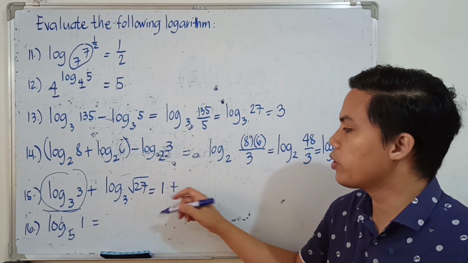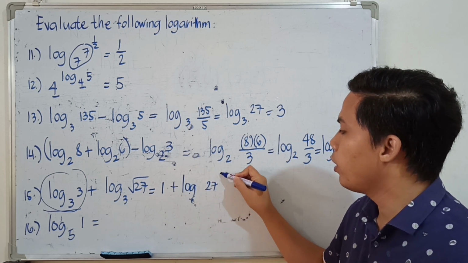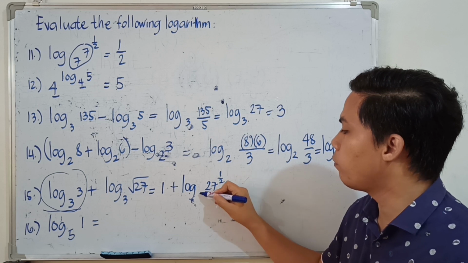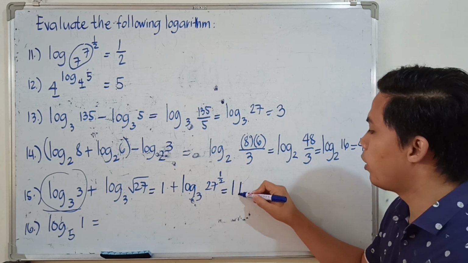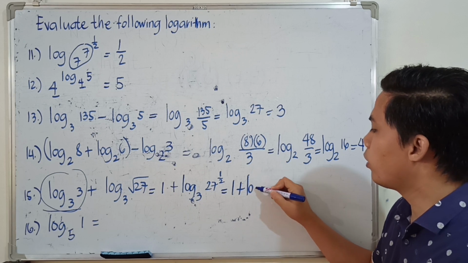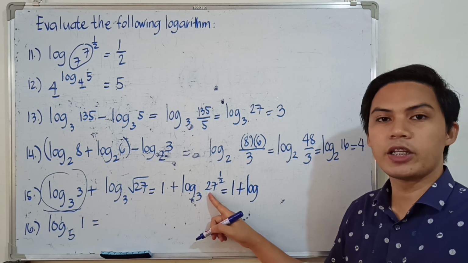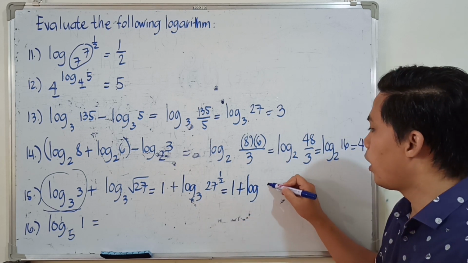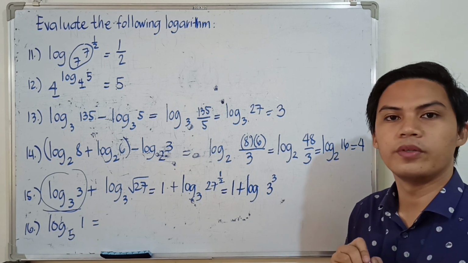So, square root of 27, that can be written as the logarithm of 27 raised to 1/2 to the base 3. And, pwede pa natin siya ma-simplify. So, 1 plus the logarithm of... Now, 27 can be expressed in exponential form as 3 cubed. Okay?